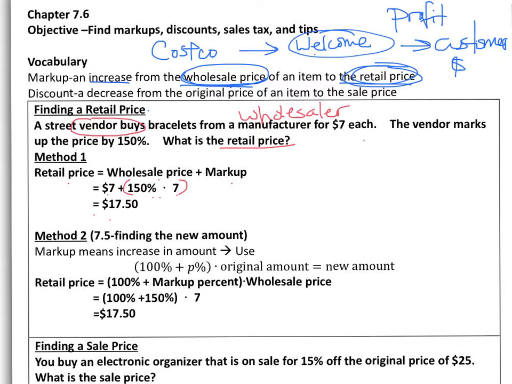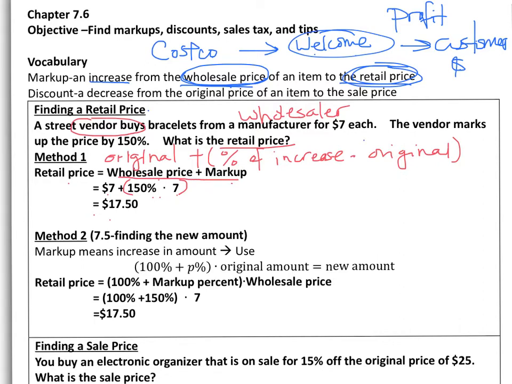And remember, from 7.5, the wholesale price will just be the original amount, and the markup would just be the percent of change, or the percent of increase, times the original amount. Same equation, but a different perspective.